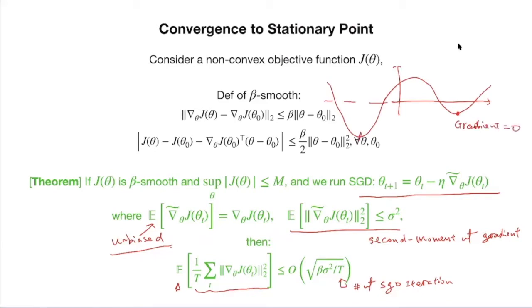This is the global optimal solution, but this theorem is saying that we cannot guarantee that we will converge to the global optimal solution. We will at least converge to a point where the gradient is 0, meaning that you look around and there's no immediate way to improve your objective function anymore. That's the best we can hope for in non-convex optimization.